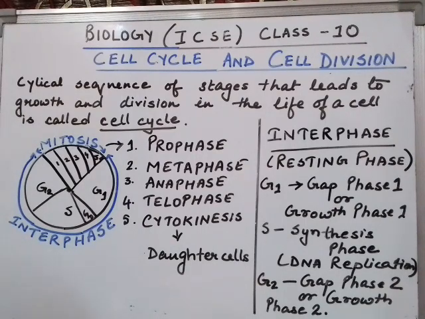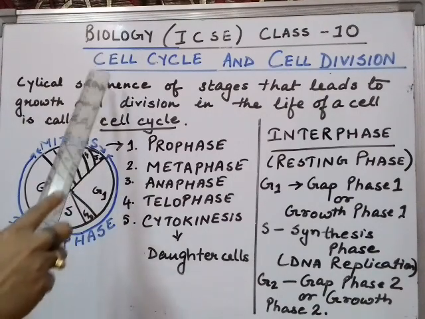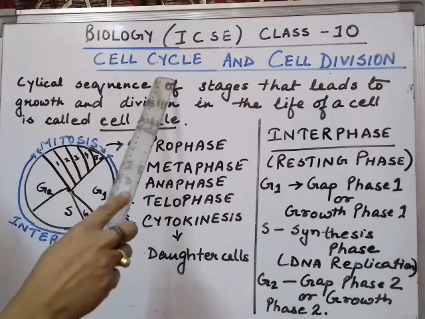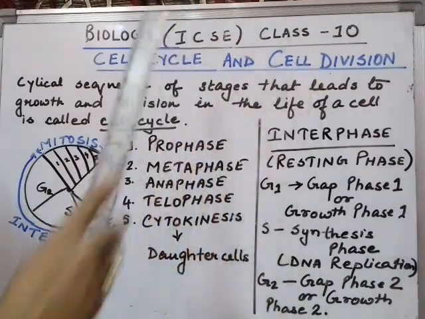Before a cell undergoes cell division, a cell has to go through the phases of some other stages. All these phases, including cell division, come under the cell cycle, which I wrote here, cell cycle and cell division.